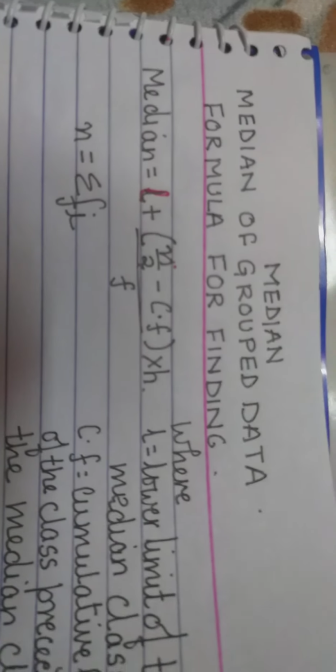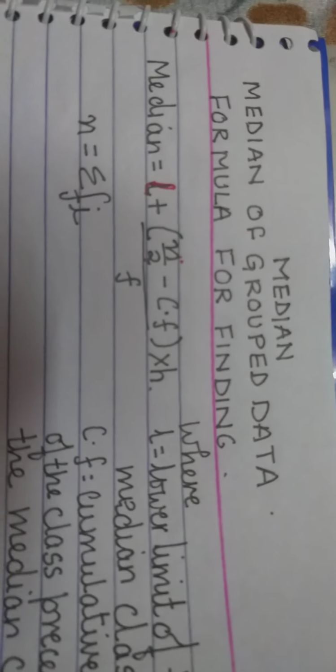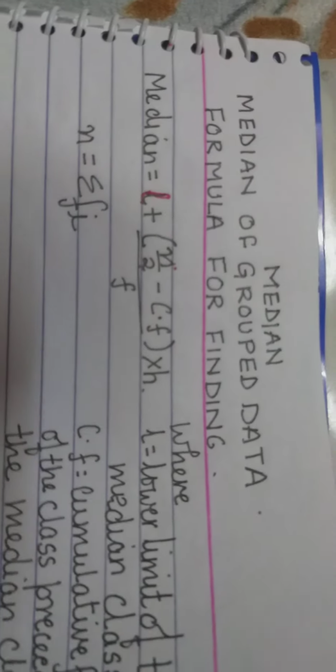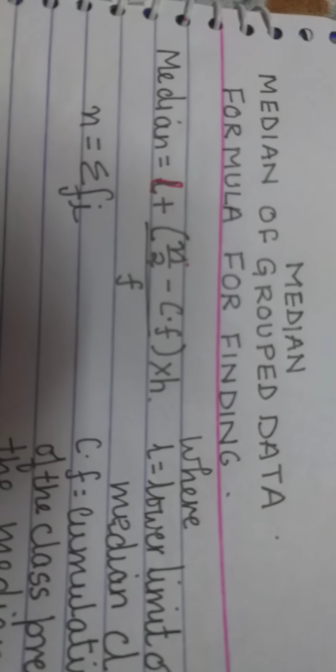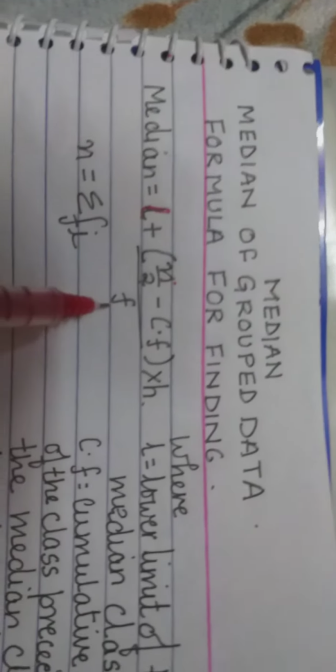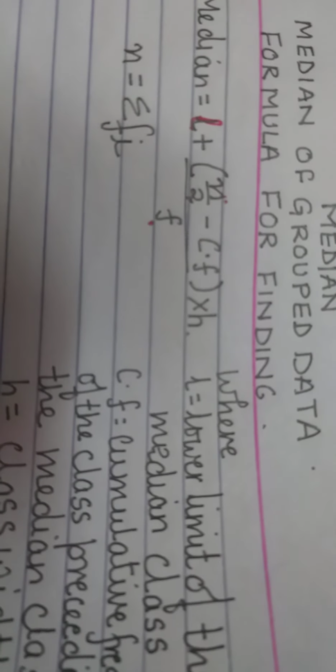It means it is the sum of all the frequency. And what is CF here? It's the cumulative frequency of the class preceding the median class. Right? And F here is the frequency of the median class.